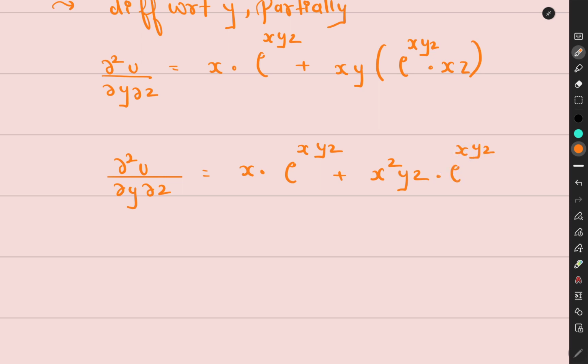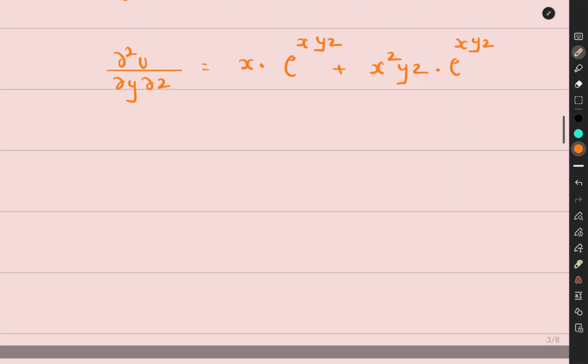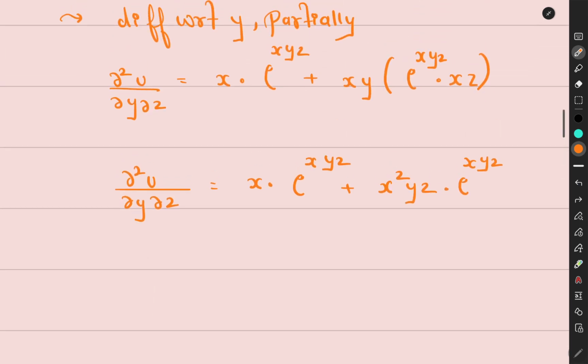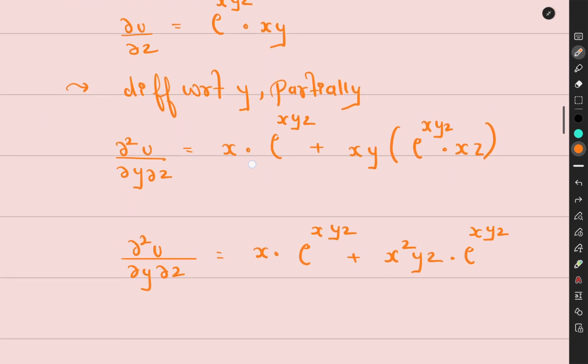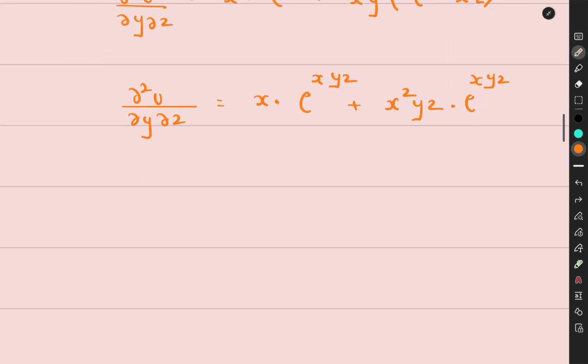So what I can do here is take e raised to xyz common, or let it be. Since we have already gotten the value, now the further step is to again differentiate with respect to x partially.